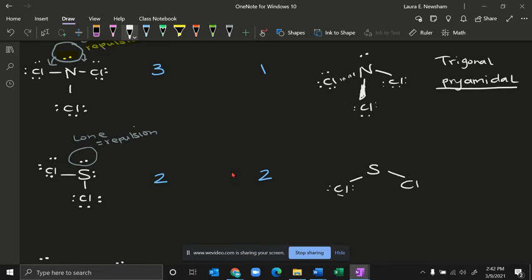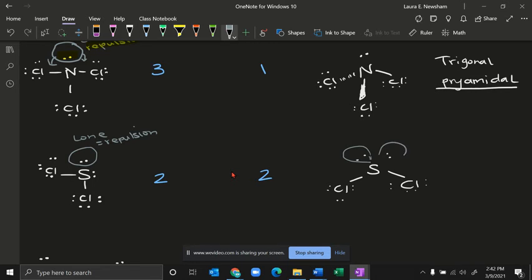So this is sulfur with 2 chlorines. And sulfur has 2 lone pairs. Now, you know how in that PhET it kind of looked like an alien?